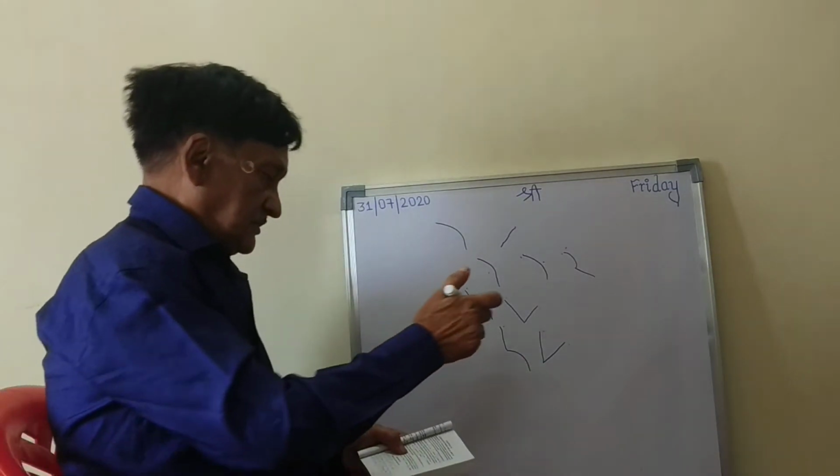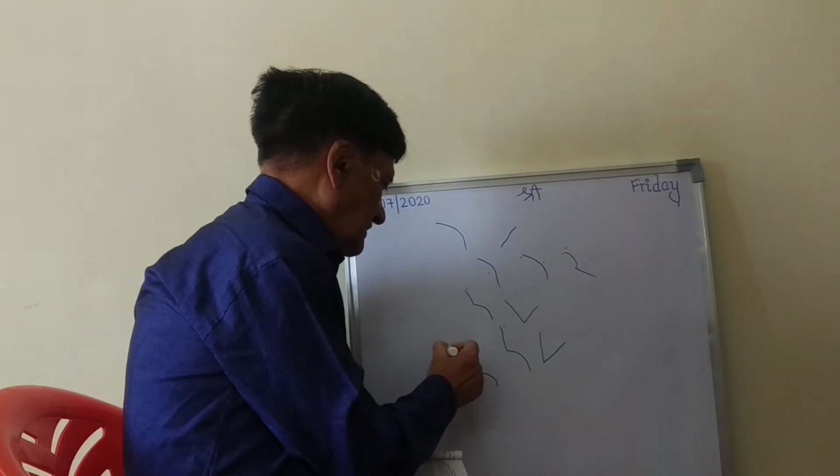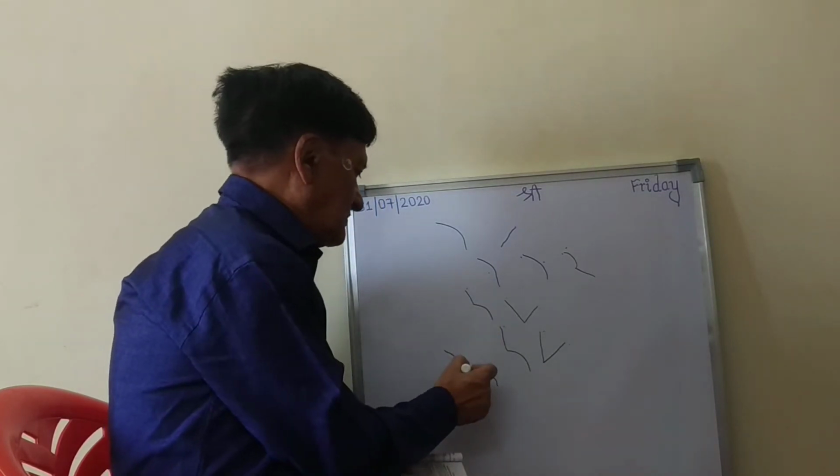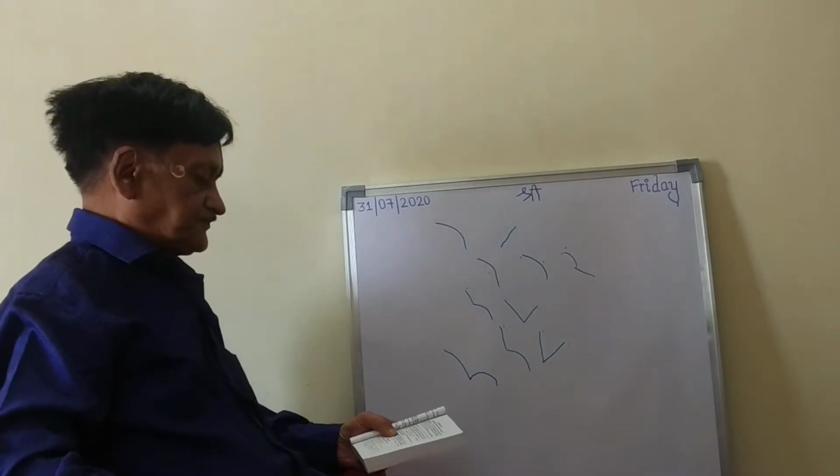Next, before N, R is always written downward, whether a vowel precedes or follows.